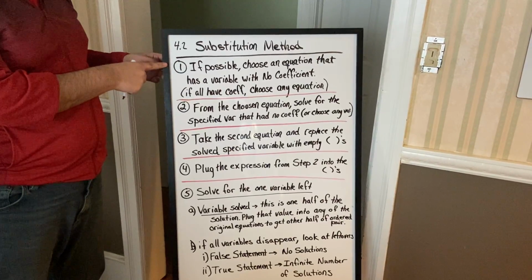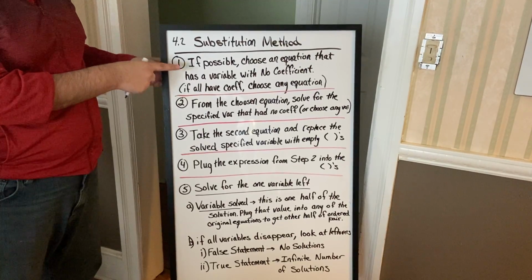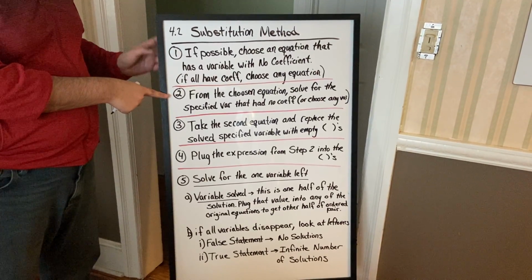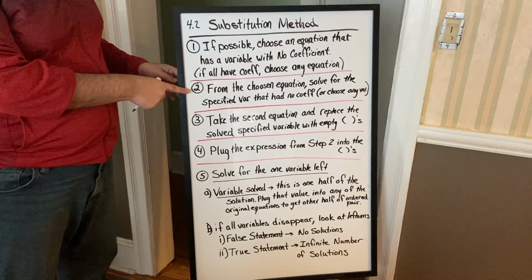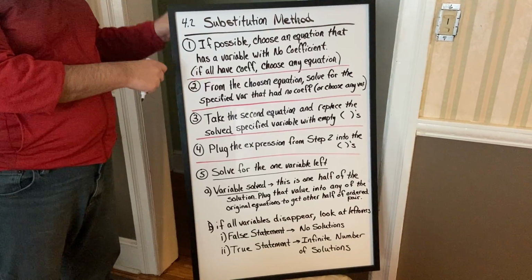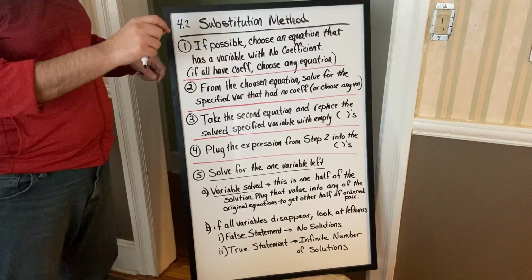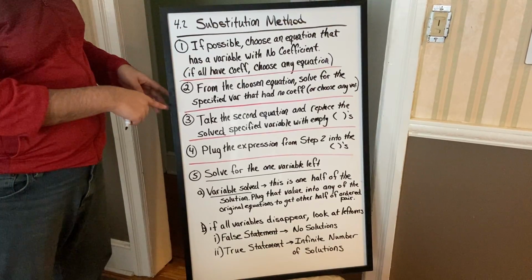So you want to choose an equation that has no leading coefficient. Once you choose an equation, you're going to solve for the specified variable that had no coefficient. Okay? So if you had 2x plus y, you're going to choose the y to solve for because you want to ignore the coefficient 2x.